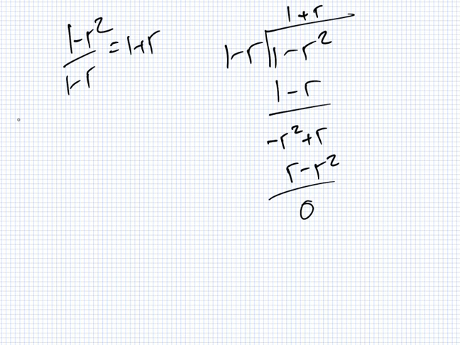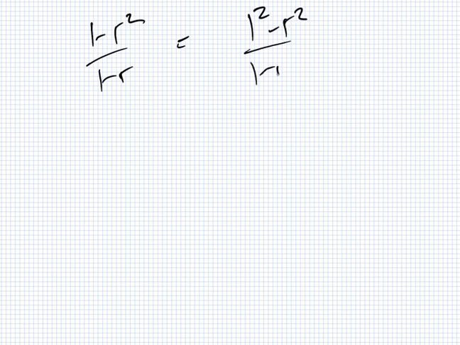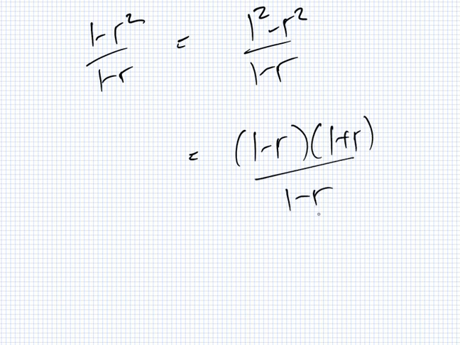But some of you might say, oh, I have an easier way to do it, because I remember from high school, so here's another way to do it. 1 minus r squared over 1 minus r. That's 1 squared minus r squared over 1 minus r. That's (1 minus r)(1 plus r) over 1 minus r. That's 1 plus r.